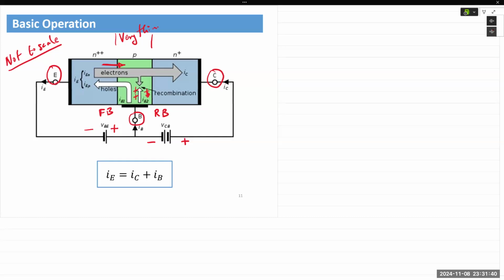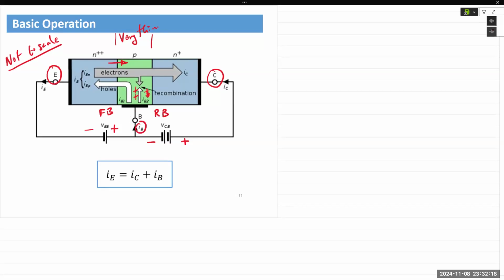But here's where the funny thing happens. It is a very thin region and there are not enough holes to combine with the flood of electrons that is taking place in the base region. So there is some amount of recombination that takes place. However, it is a small fraction of the total number of electrons that are present in the emitter. And so a small current at the base will flow through, that is indicated by this current IB.